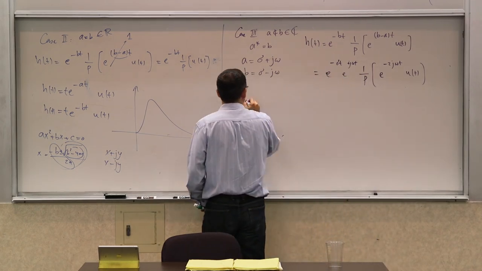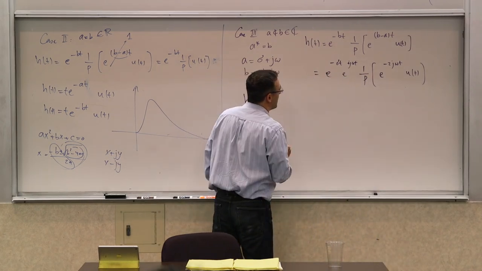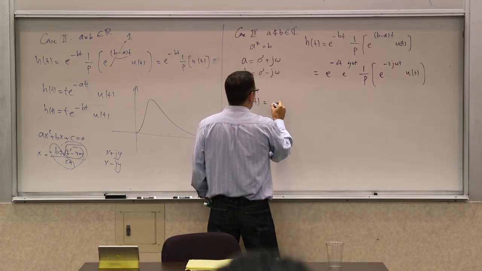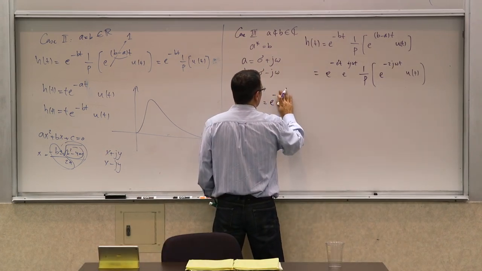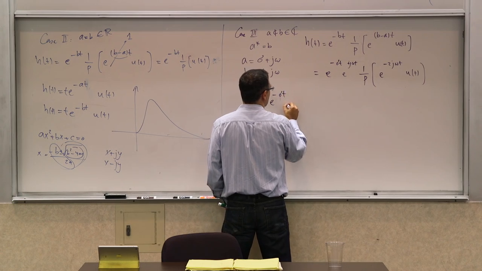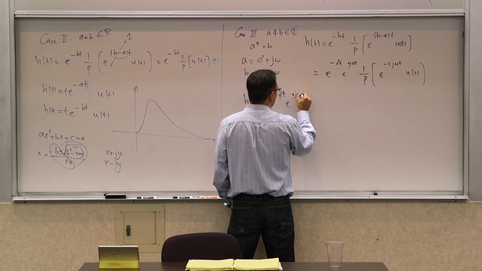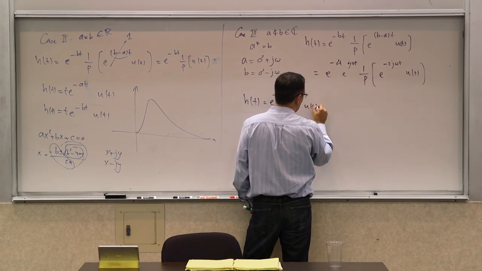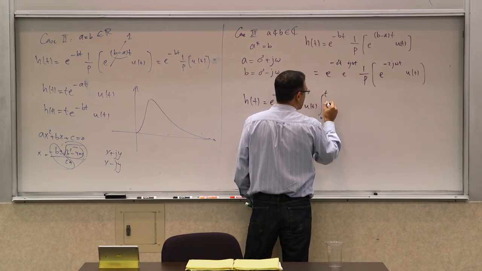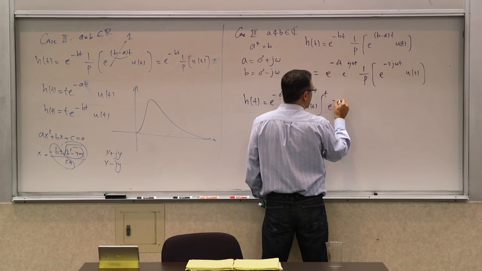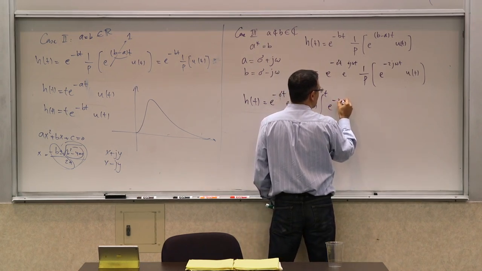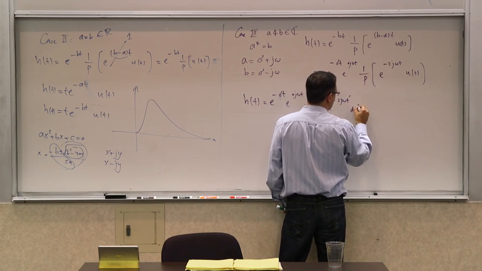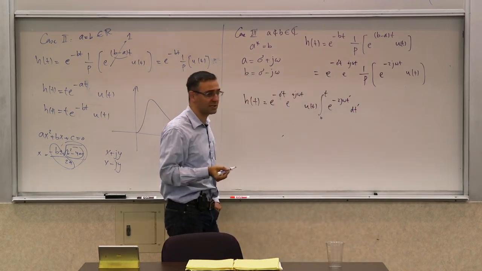So come down here, say h of t. Now I have to calculate this integral. Again, I have e to the negative sigma t, e to the plus j omega t, and then I'm calculating this integral. I pull out the u of t and change the limit of integration. So I get e to the negative 2j omega t dt.